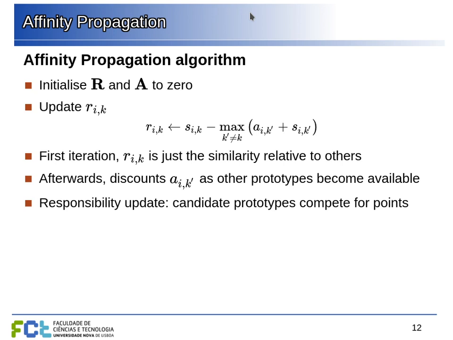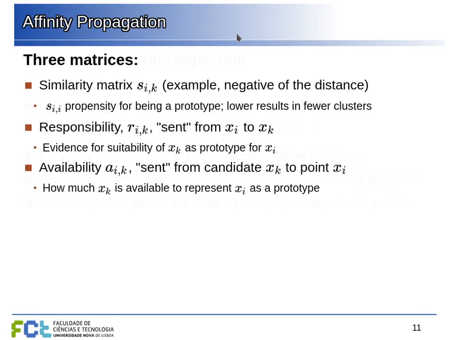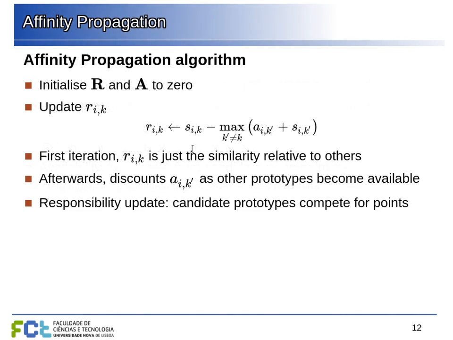And then we're going to do these updates. The first matrix, the responsibility, or the vote that point i is sending for point k to be its representative, we will update in this way: taking the similarity between the points and subtracting the maximum of the availability of the different representatives.